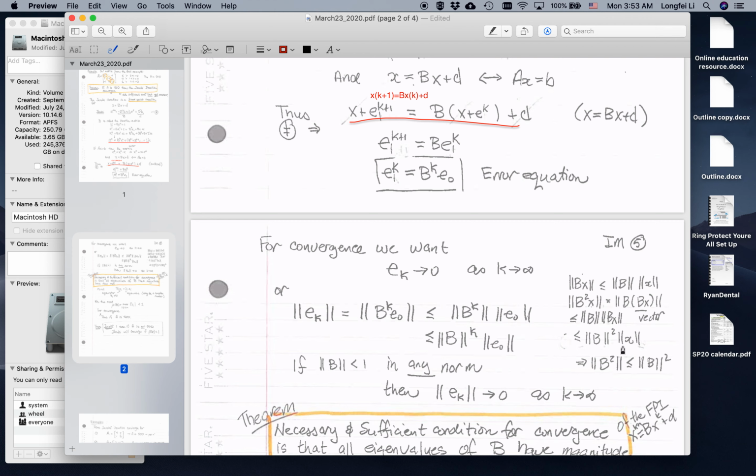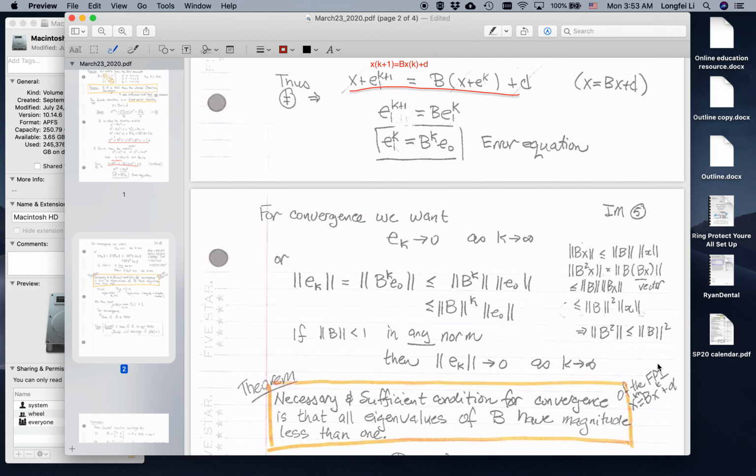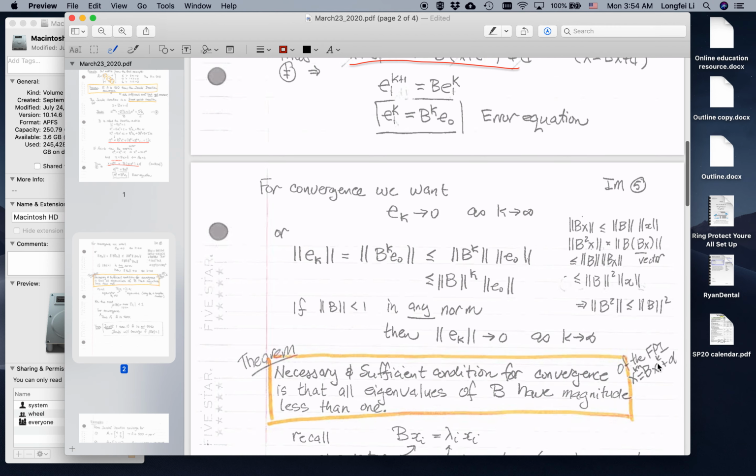Therefore, we can say that the norm of the matrix square is bounded by the square of the norm of the matrix, and this can be extended to the nth power, or kth power.